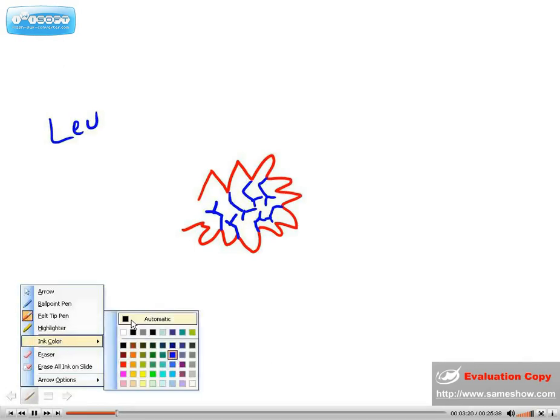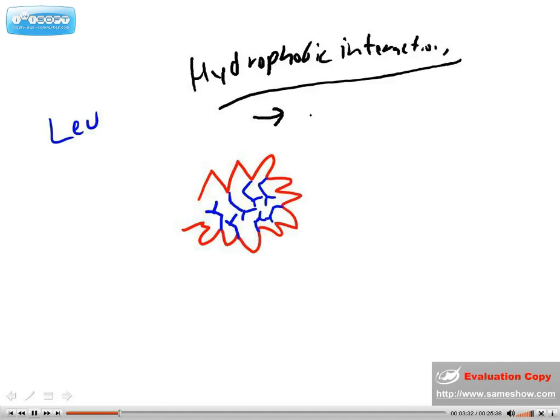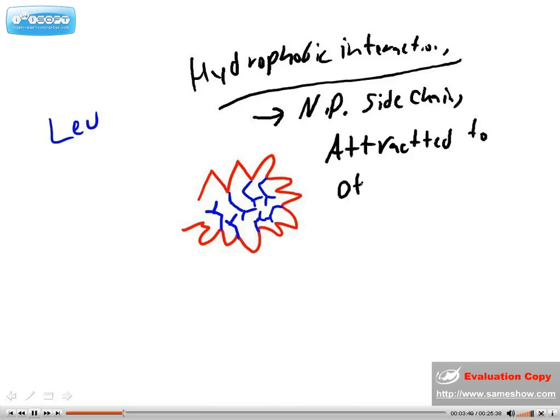So, for hydrophobic interactions, basically the nonpolar side chains are attracted to other nonpolar side chains via London forces.